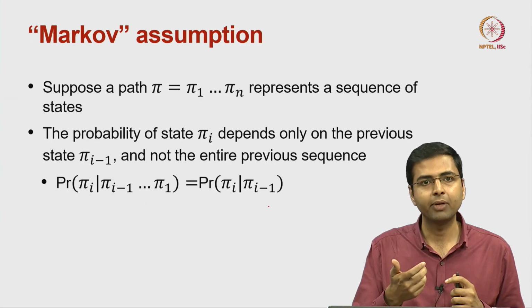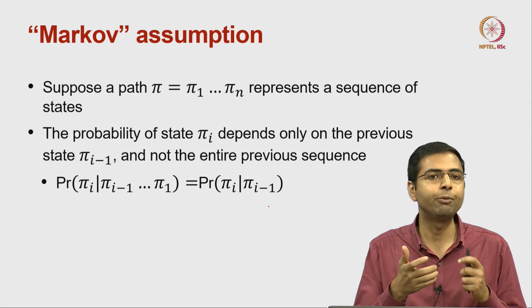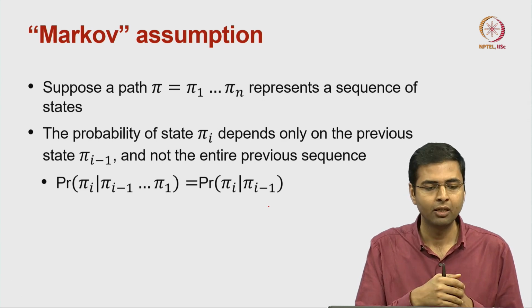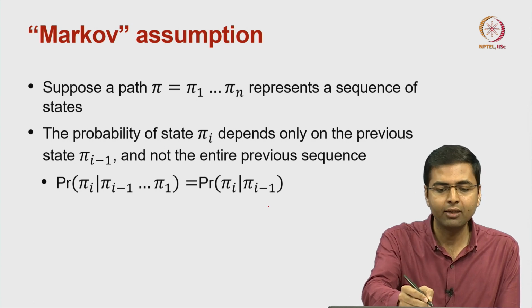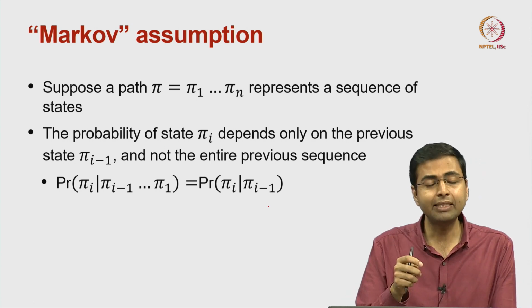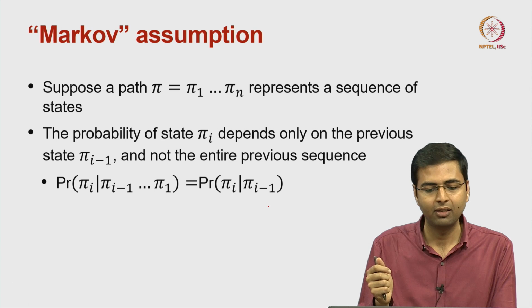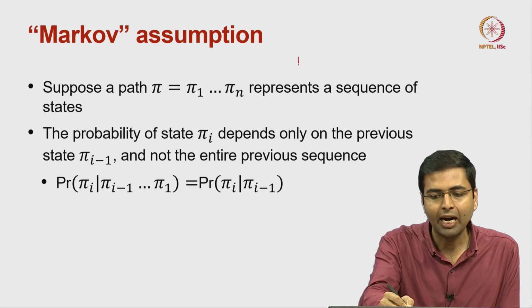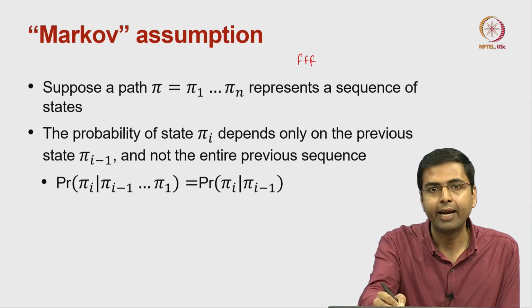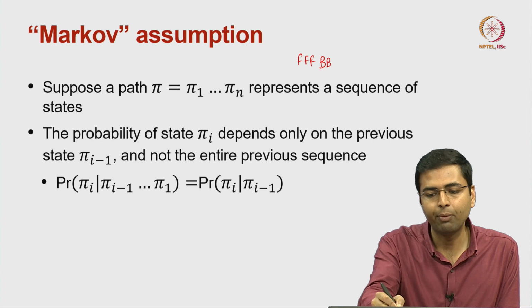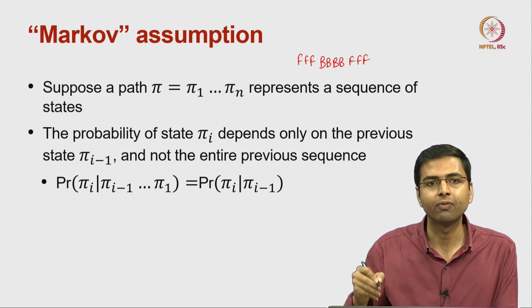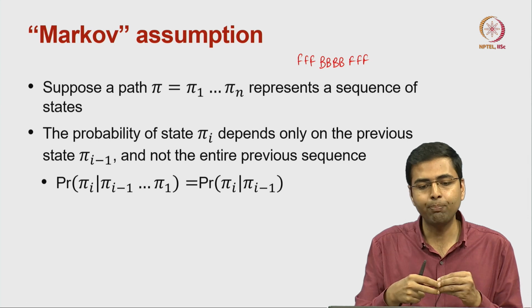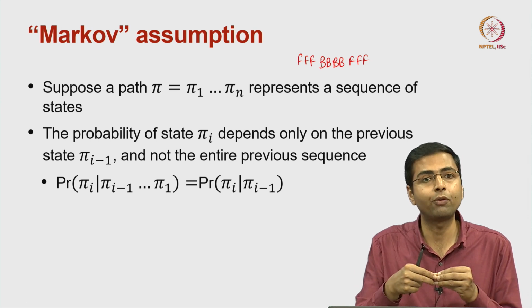Then the second term in the hidden Markov model is Markov, and that is because we are using the Markov assumption. Suppose a path pi equal to pi 1 up till pi n represents a sequence of states. For example, maybe we started with a fair coin and then the dealer switched to a biased coin and then a fair coin again and so on.